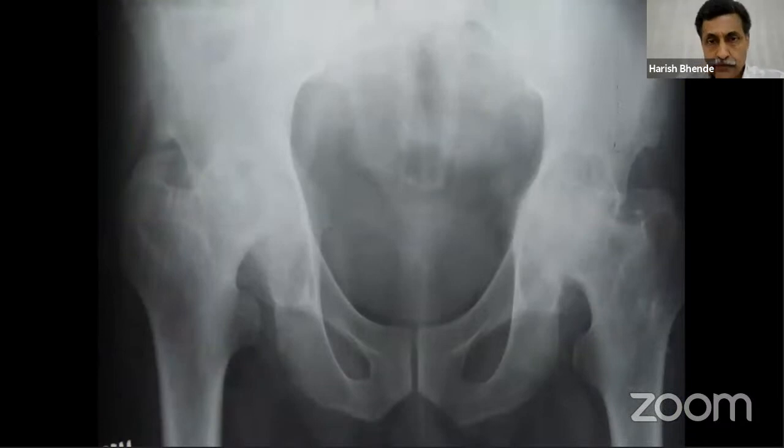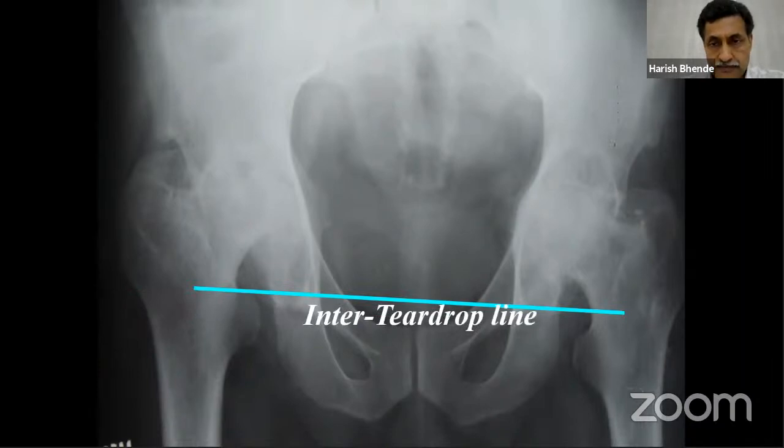So this is an X-ray, for example, that you want to template. We normally draw certain things. We draw the inter-teardrop line, which is the basic line from which all the measurements are done. Then we take the center of the lesser trochanter on both sides and measure the distance from the inter-teardrop line to the center of the lesser trochanter.